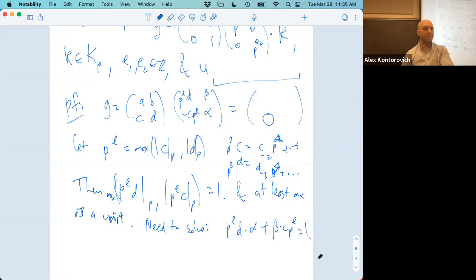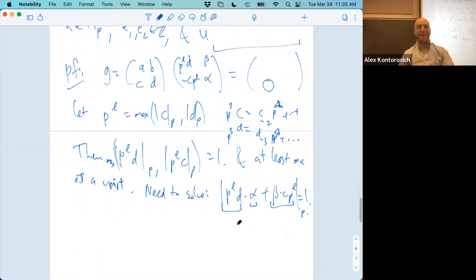So what you're saying, yeah, the worst case, at least one of them will be in ZP cross. Yes. So if this one's in ZP cross and this one isn't, well, if I put in the inverse, let's say I don't even care that it's equal to 1 exactly, I just care that it has QP norm equal to 1. The fact that this is a unit, the QP, not LP, the QP, thank you. The fact that this one, let's say, is in ZP cross means that I can multiply it by something so that it has absolute value equal to 1.